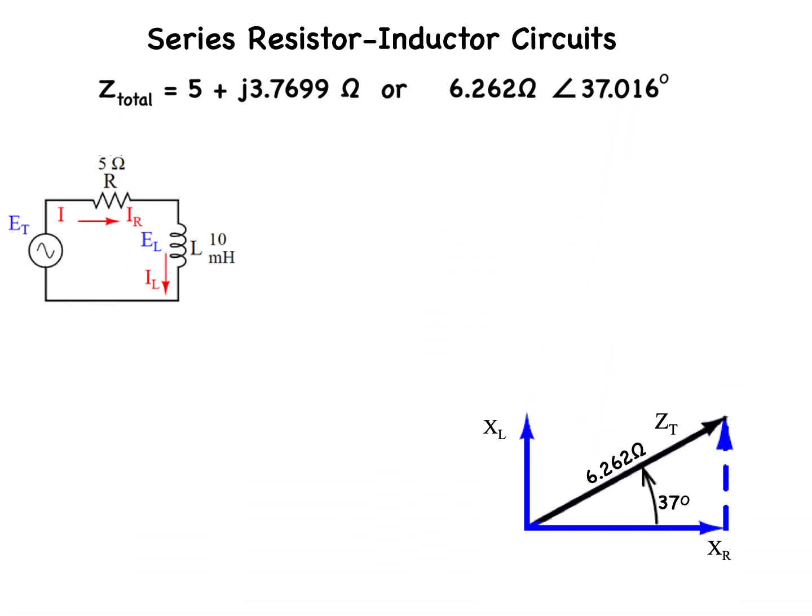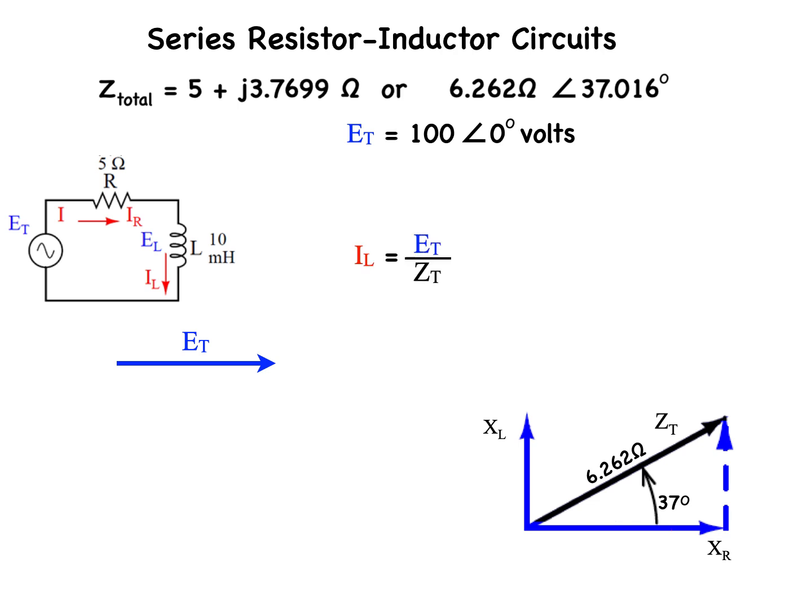Now, if the voltage in this circuit were, say, 100 volts, we could let the 100 volts be our reference phasor, which is going to be at 0 degrees, and I've drawn the phasor here in blue.